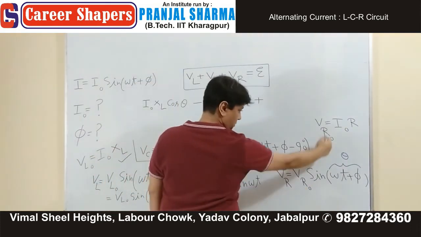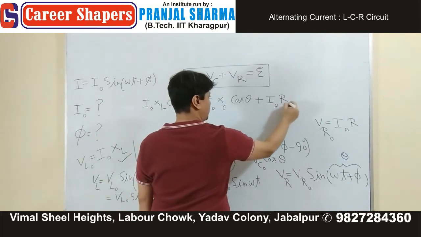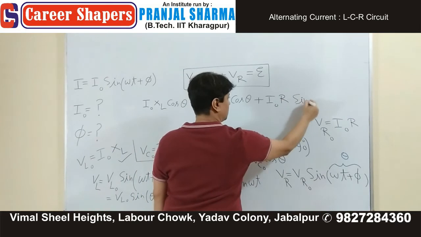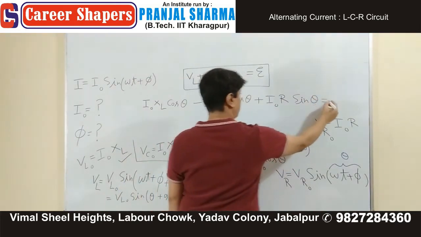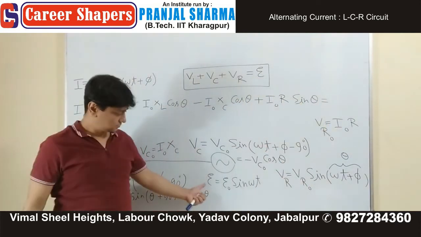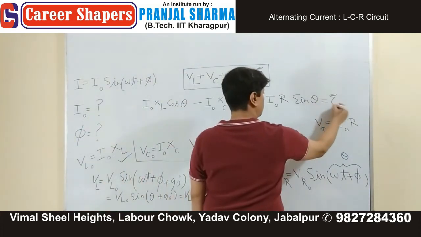VR naught, which is I naught into R sine of theta, and this whole thing is equal to what? E. What is E? E naught sine omega t.